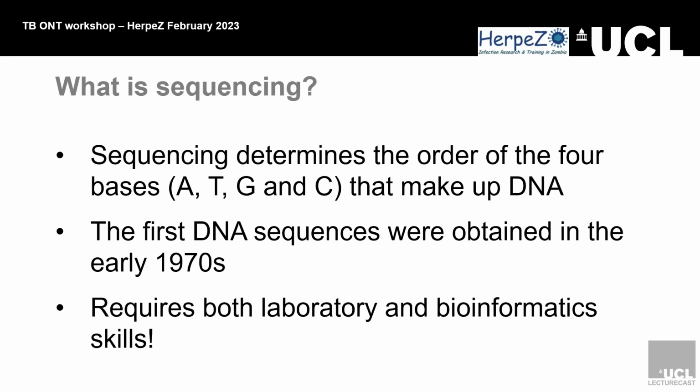The first genetic sequences were obtained in the early 1970s, and obtaining these sequences with the techniques we use these days involves both the wet lab, so performing the experiments, and also, when you get the data from the experiments, knowing the bioinformatics tools and how to use them to generate these sequences.